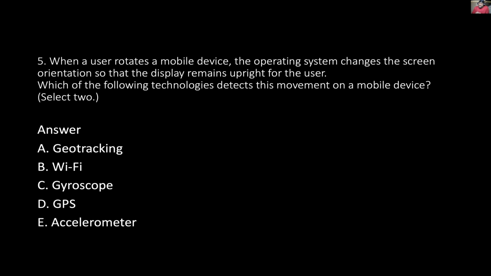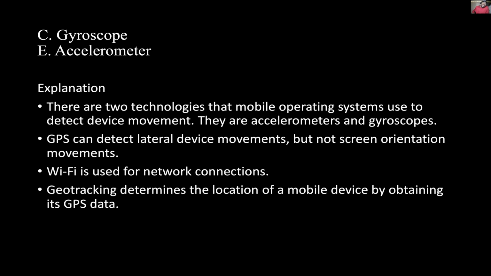GPS now, the answer is C, gyroscope, and E, accelerometer. So let's see the explanation why these two are correct. There are two technologies that mobile operating systems use to detect device movements.